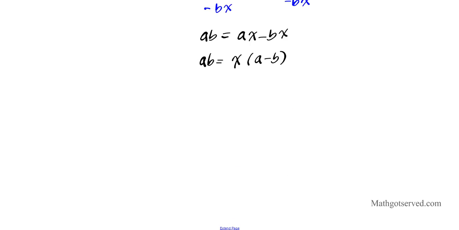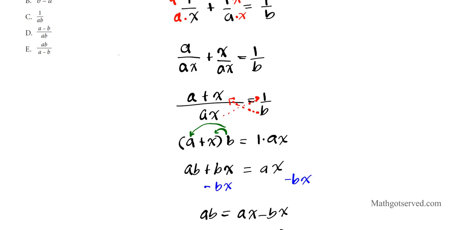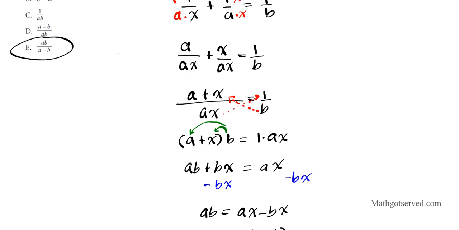Now how do I get x isolated finally? I just divide both sides by a minus b, and then I'm going to have x equals ab over a minus b. Okay? And that answer matches option letter E. Yeah, there you have it.